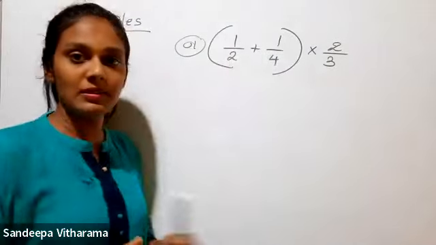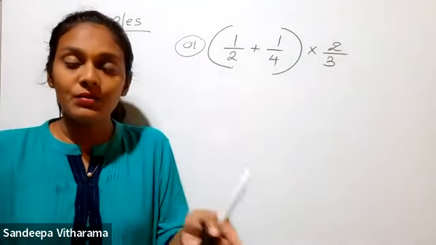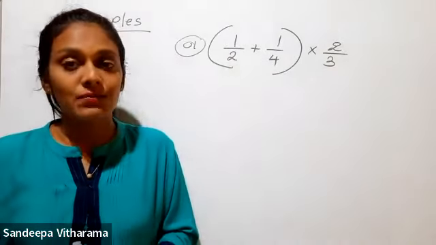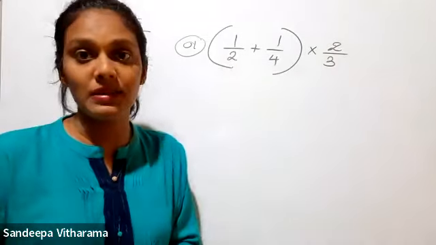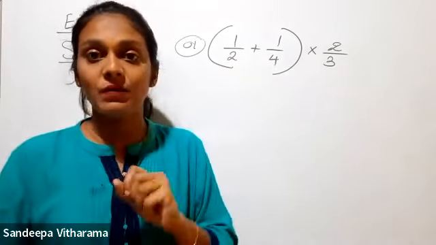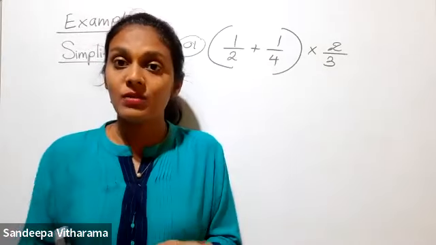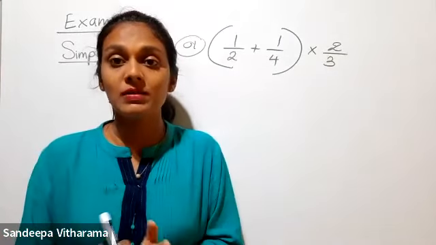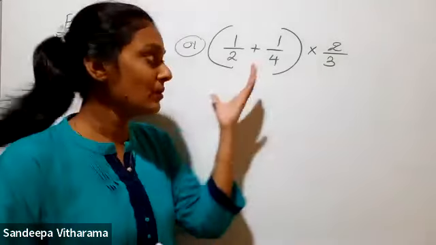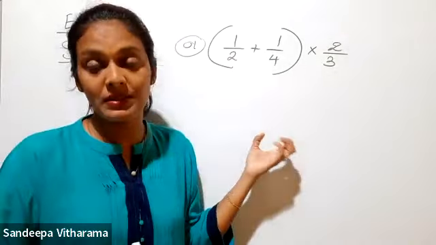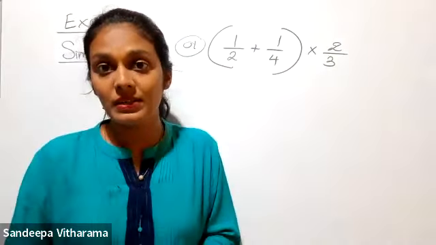Okay. So now when we look at this expression within brackets, it is addition of two fractions with different denominators. According to our BODMAS rule, when we are given an expression, first of all you have to look at the expression and identify what operations are given in it.